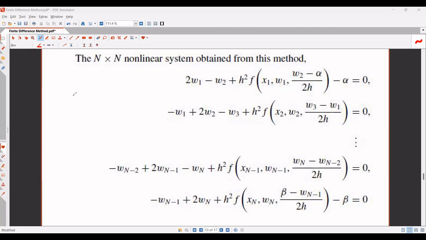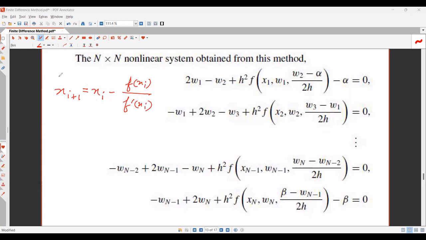Even if you do not understand how Newton's method for nonlinear systems works, you must know how the Newton-Raphson method works for a single equation, right? The governing equation is x i plus 1 equals x i minus f of x i by f prime of x i. A very favorite formula for us, right?